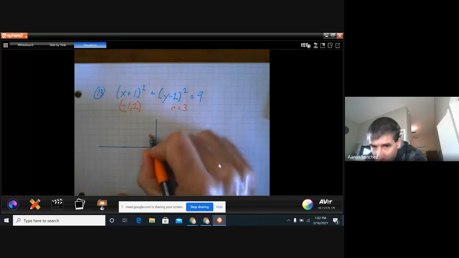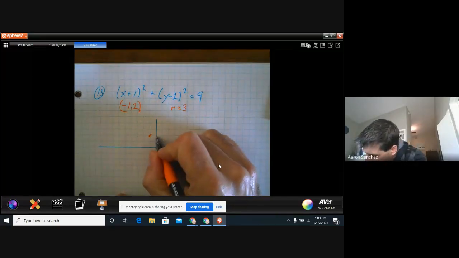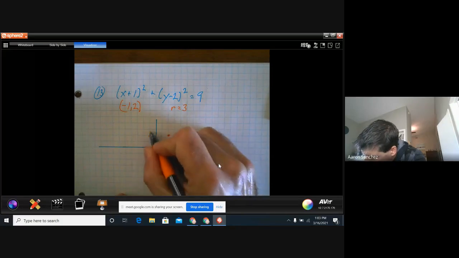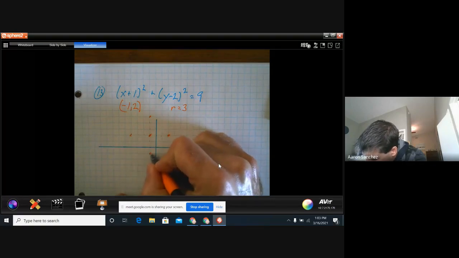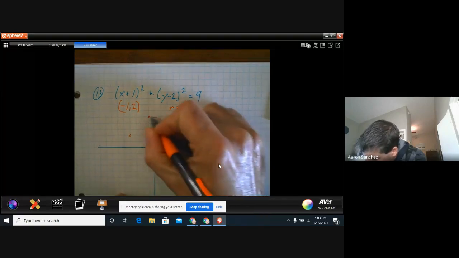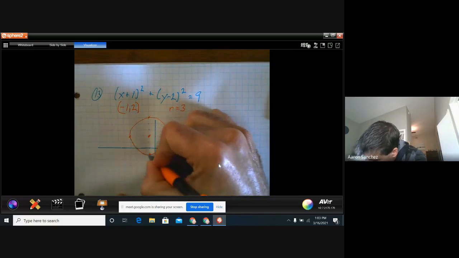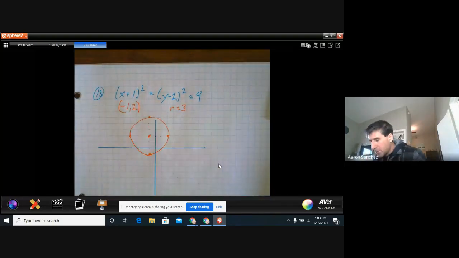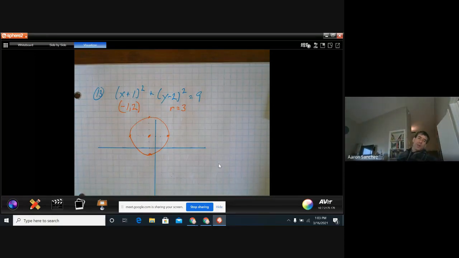Then from my center I go over 1, 2, 3, up 1, 2, 3, left 1, 2, 3, down 1, 2, 3, and then you connect the dots. There's your circle. You can do it on graph paper, or print the sheet I have.